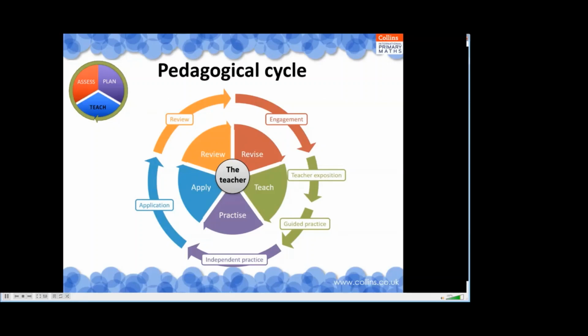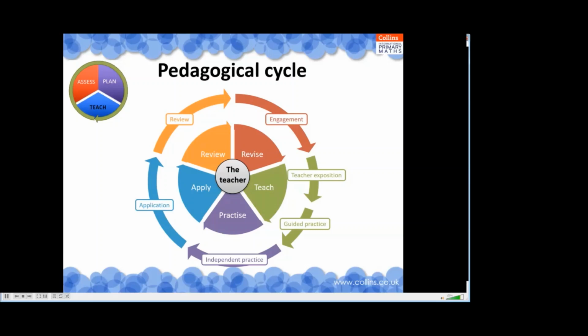To help teachers achieve these goals, Collins International Primary Maths provides a highly effective and proven teaching and learning sequence that promotes whole class interactive teaching, providing clear directions, instructions, and explanations. Each lesson is divided into 6 key teaching strategies that take learners on a journey of discovery.